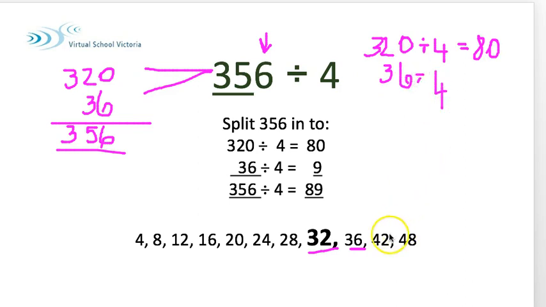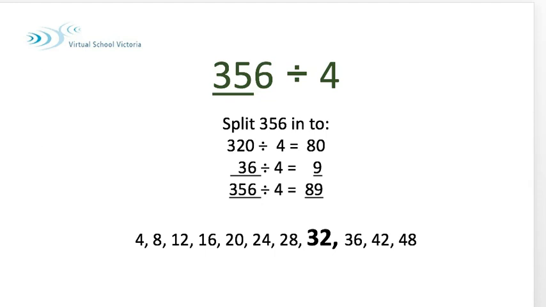The answer will be 9. And always nice to check on a calculator, but I'm pretty sure the answer to that will be 89. So that is how you can use that strategy to split your numbers to find the best answer.